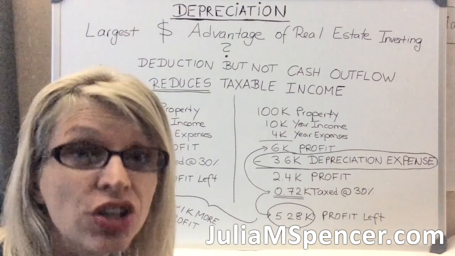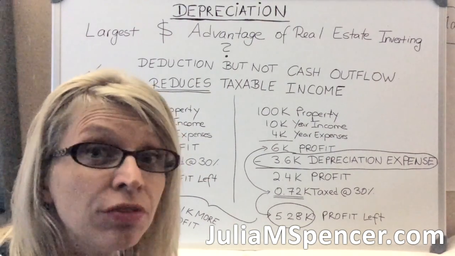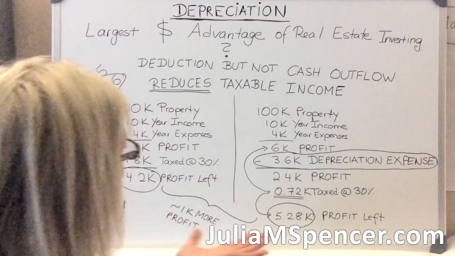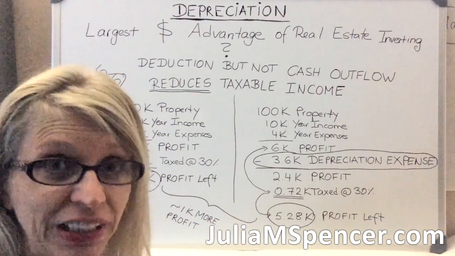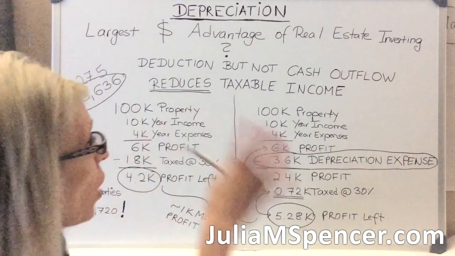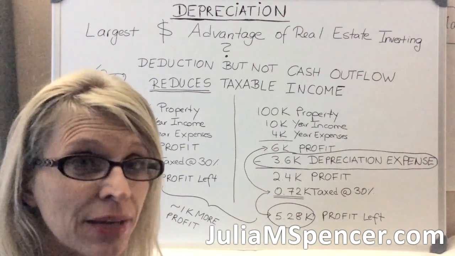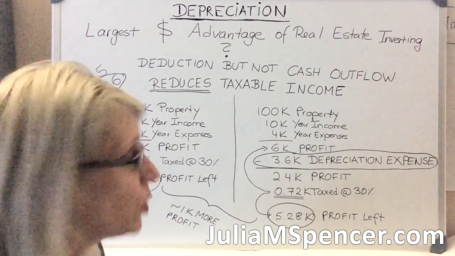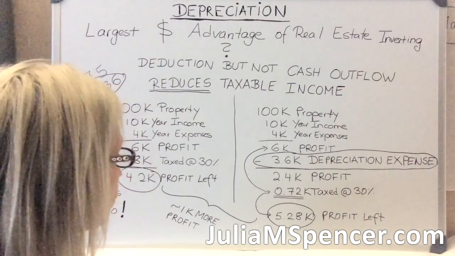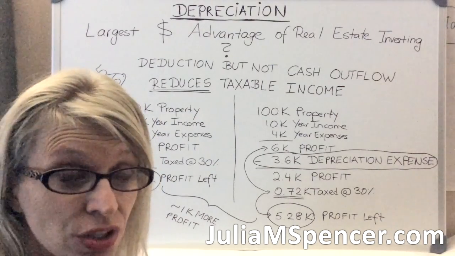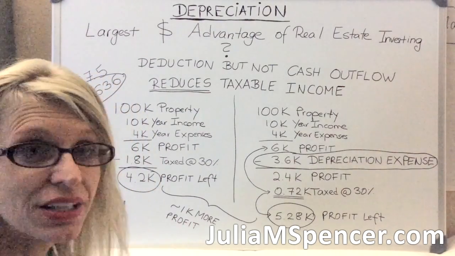Now that actually applies if you have positive cash flow on your property. So if you had, for example, 20 properties and they were all kind of the same way, the same income, same expenses, same value of the property when you bought it, and so on and so forth, each one of them per year would generate an extra $1,000 because of this depreciation expense.